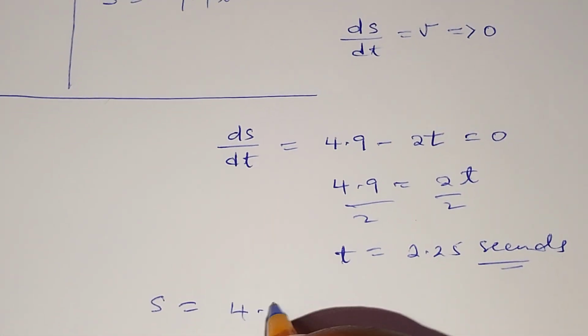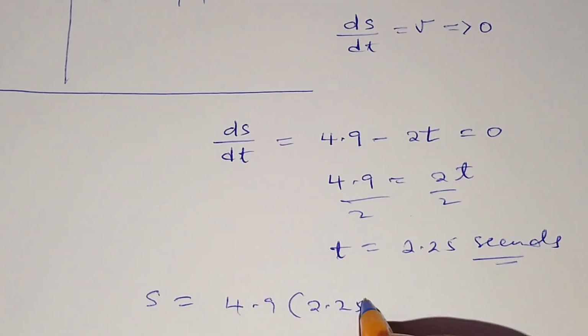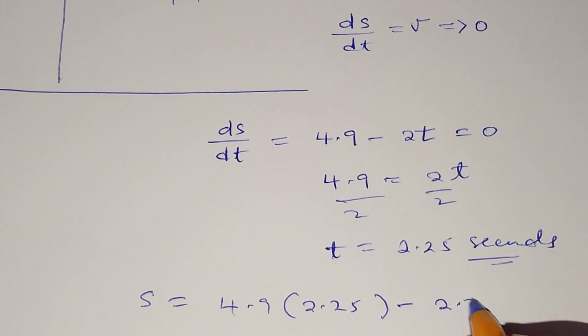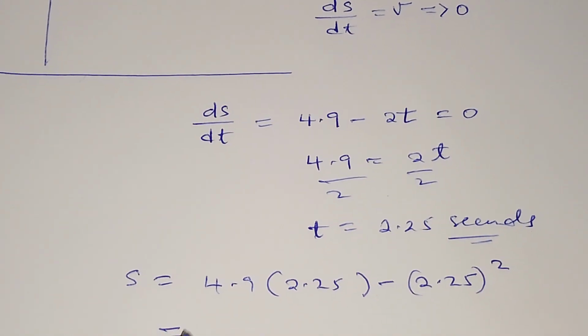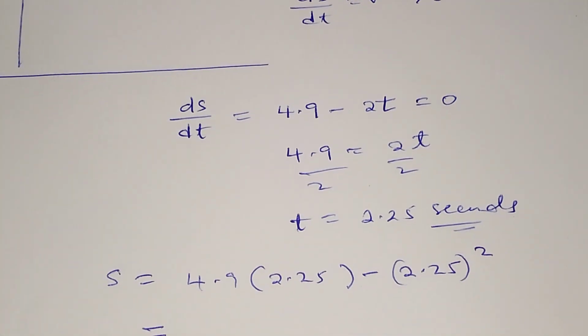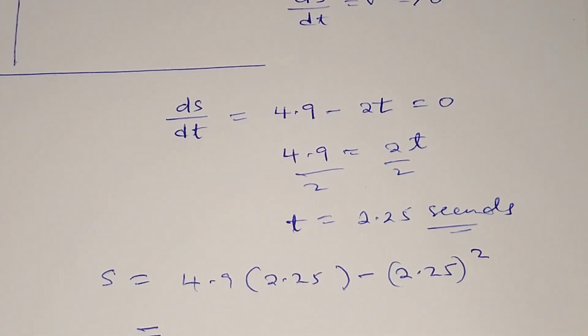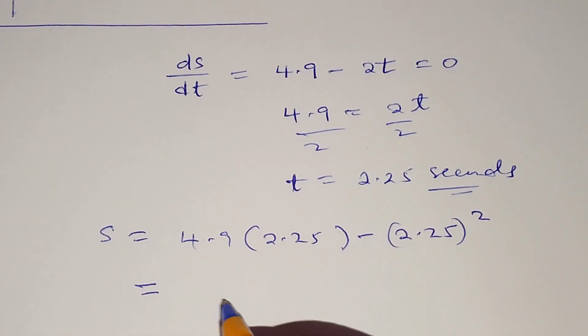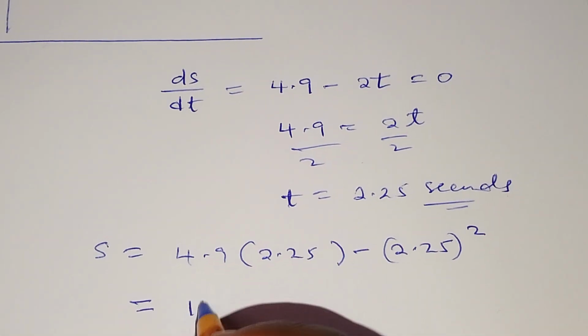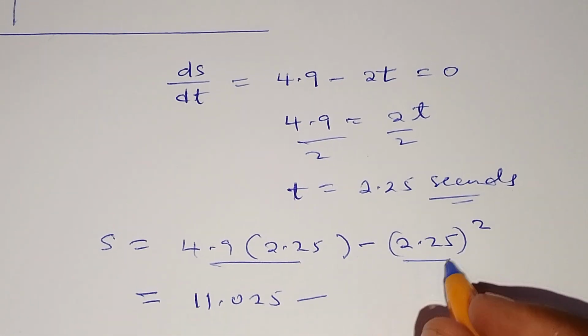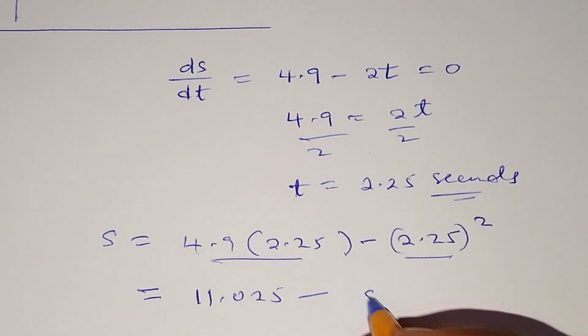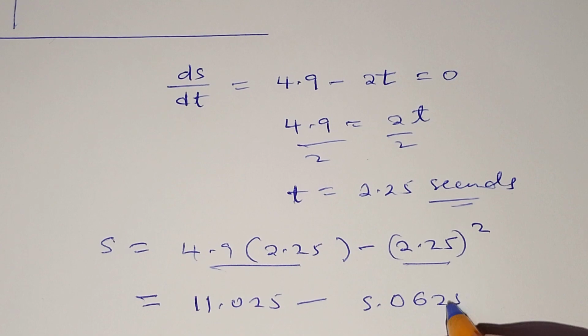Okay, so with these 2.25 seconds, we substitute them back to our displacement function, and this is going to give us 4.9 into 2.25 minus 2.25 quantity squared. Okay, so this is going to give us what? When you multiply, you're going to have 11.025 for this part here, and then this part is going to give us 5.0625.